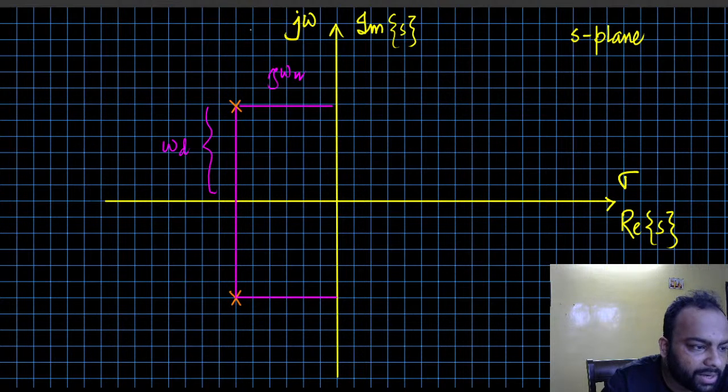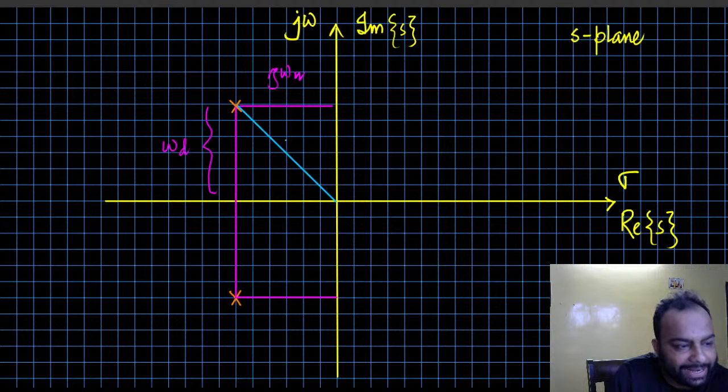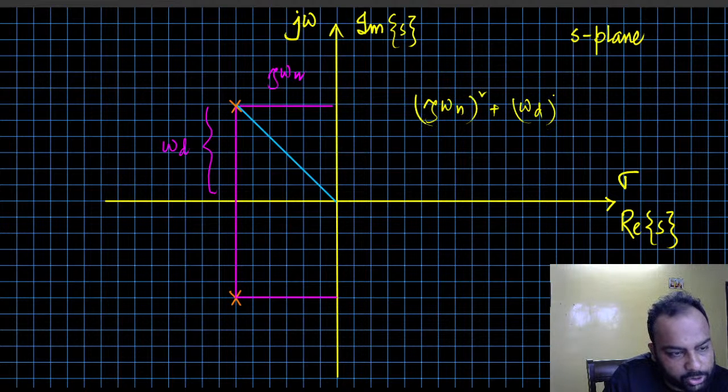And we chose something like this. So if I draw a line from the origin, then that length of the line would be the square root of zeta omega n whole square plus omega d whole square.